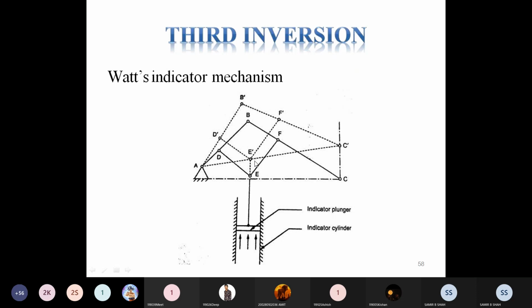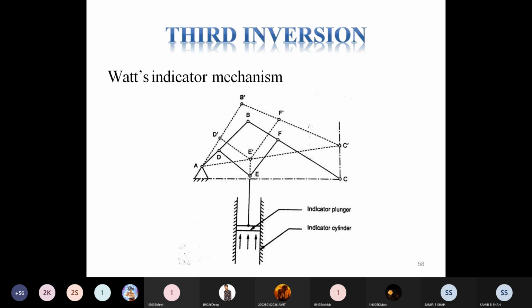The mechanism, as shown in the initial position, may not be in a line, but after applying the pressure, after applying the load on the plunger, the whole mechanism behaves like an approximate straight line, shown with the dotted line AC dash. Why is the name approximate? Because that depends on the pressure which you generate. So these are the third inversion of the four-bar chain mechanism.